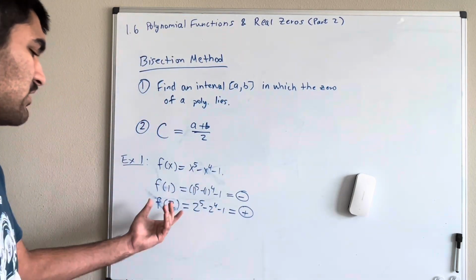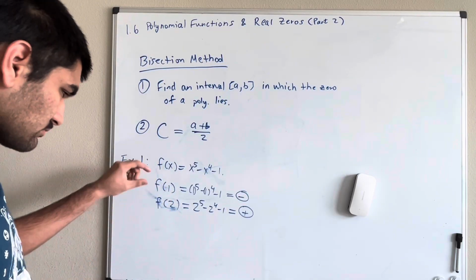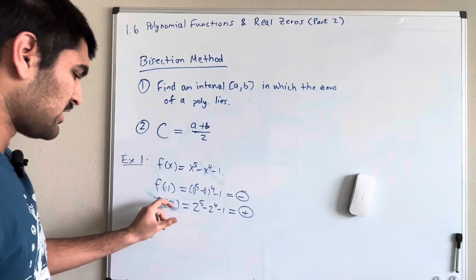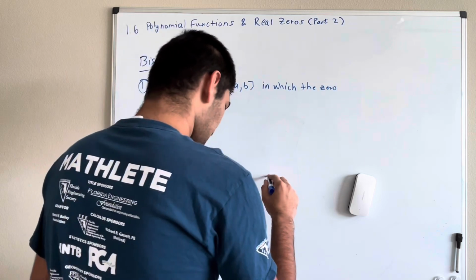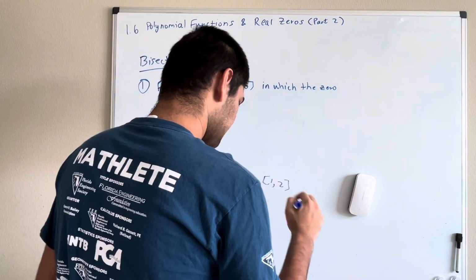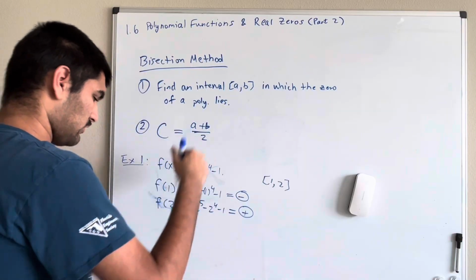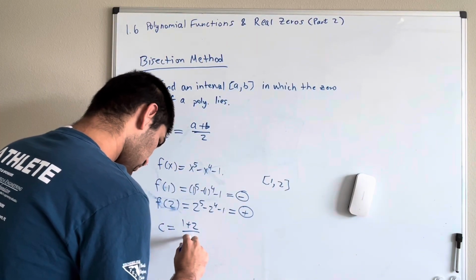So now we find an interval, because if a is equal to 1 and b is equal to 2, f of 1 has the opposite sign of f of 2, meaning the zero has to lie between 1 and 2. That's our interval from 1 to 2. Then we can apply this little formula: c is equal to a plus b over 2, so 1 plus 2 over 2.